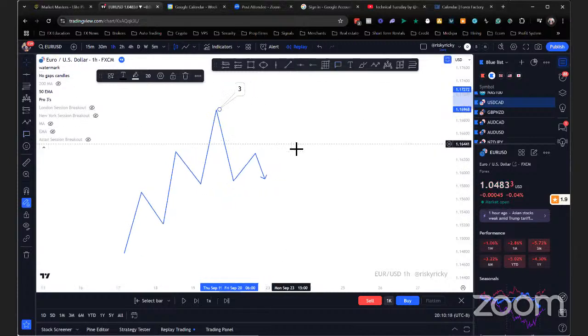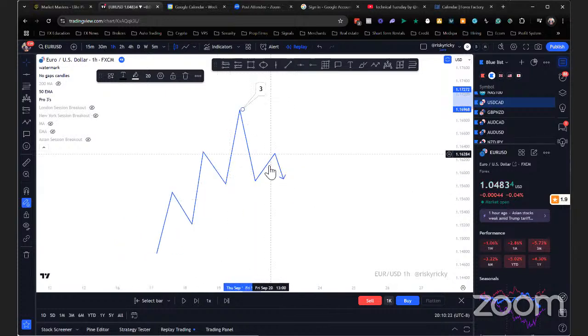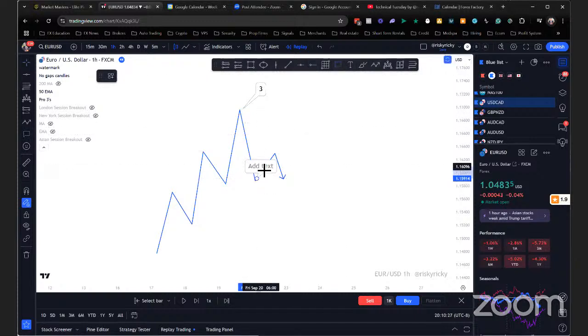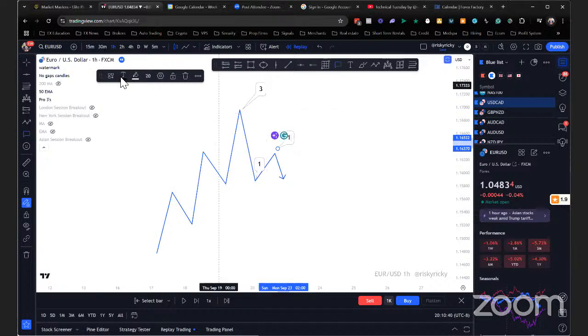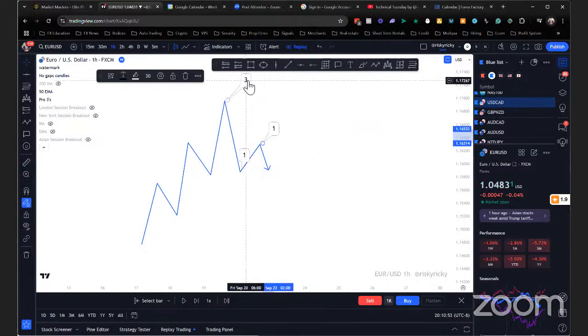Okay. 3s would usually be like that. 1s will usually be somewhere around these levels here. So when price is kind of choppy and going sideways, right? Like not too much movement, you may notice some 1s here. Okay. So I don't really pay too much attention to ones. If you really wanted to, you could just remove ones and twos so it doesn't distract you from the main thing, which is going to be the threes.